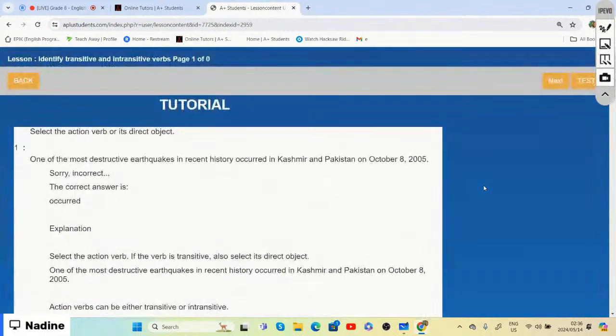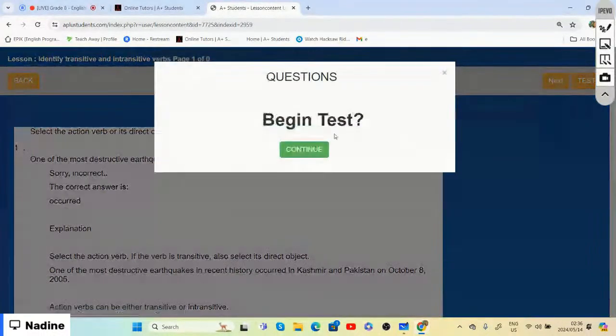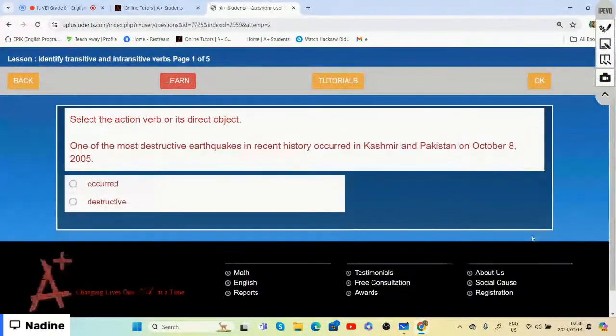All right, so now we're going to our test, where we're going to either identify transitive or intransitive verbs, right?